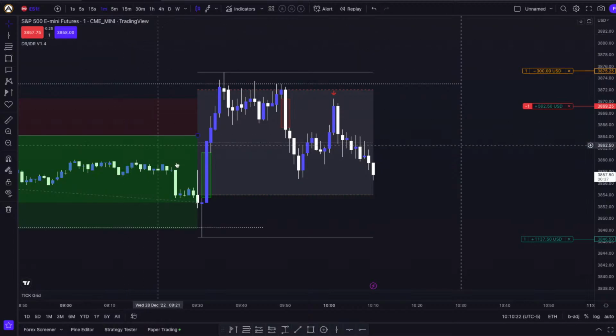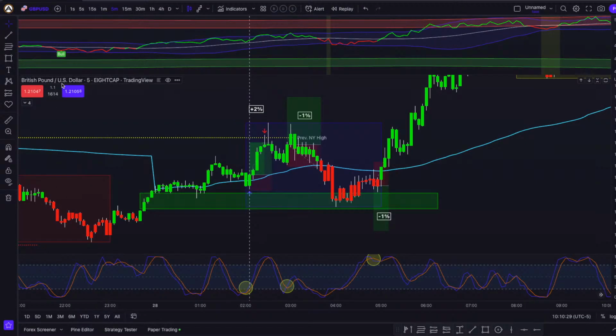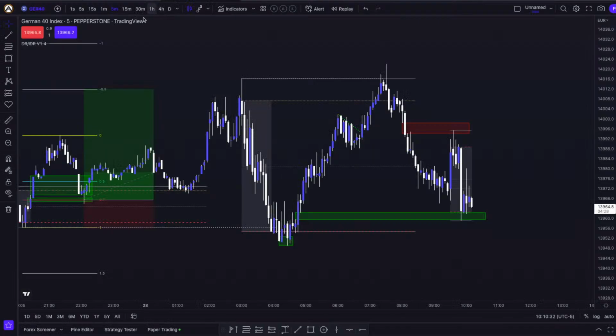That's the difference between the S&P 500 CME futures contract and, for example, just a basic British pound US dollar chart or a German 40 Pepperstone chart.